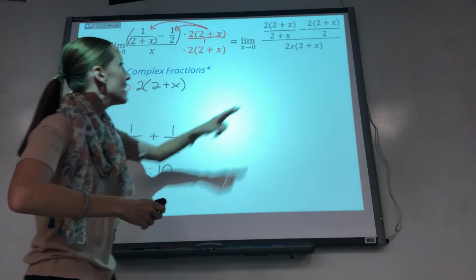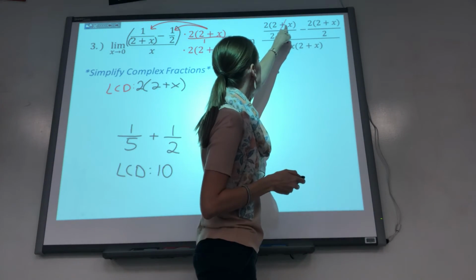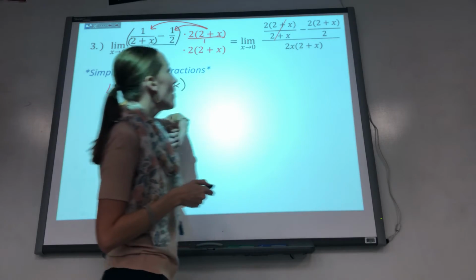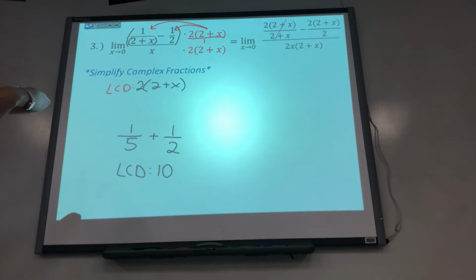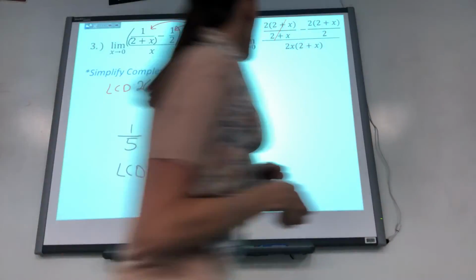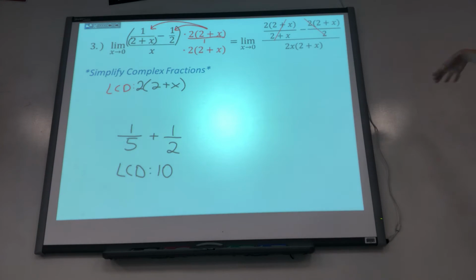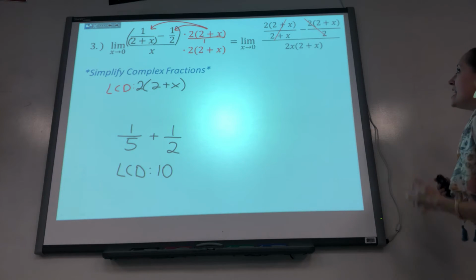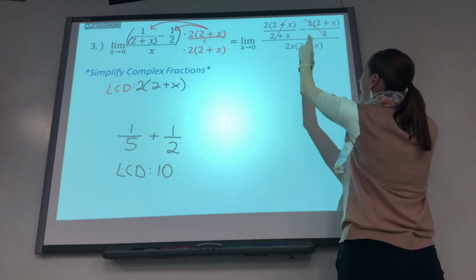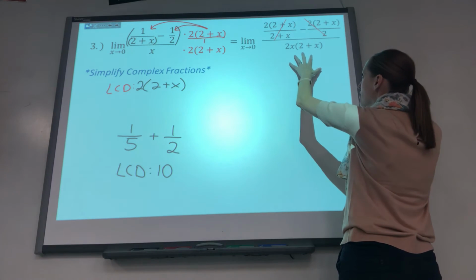So I just gave it away, but here we go. 2 plus x, 2 plus x, those are going to drop off. And then on the other fraction, there's a 2 on top and bottom. So those drop off.